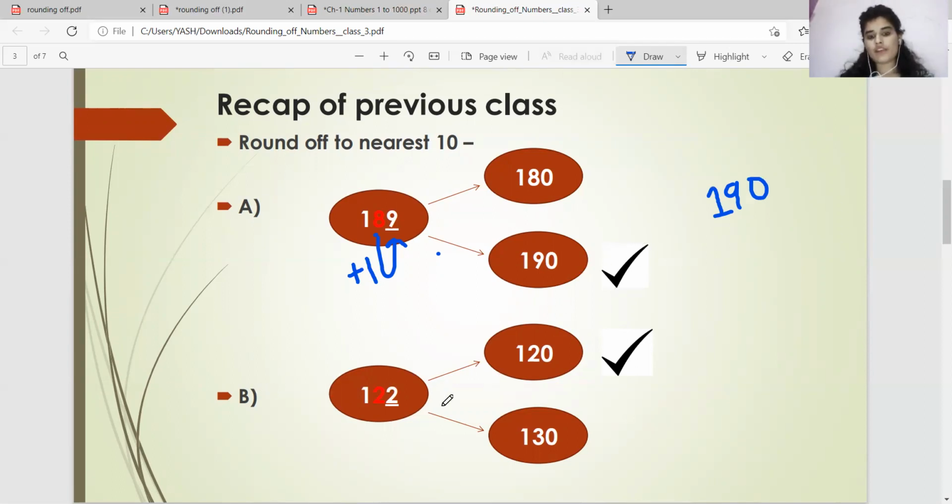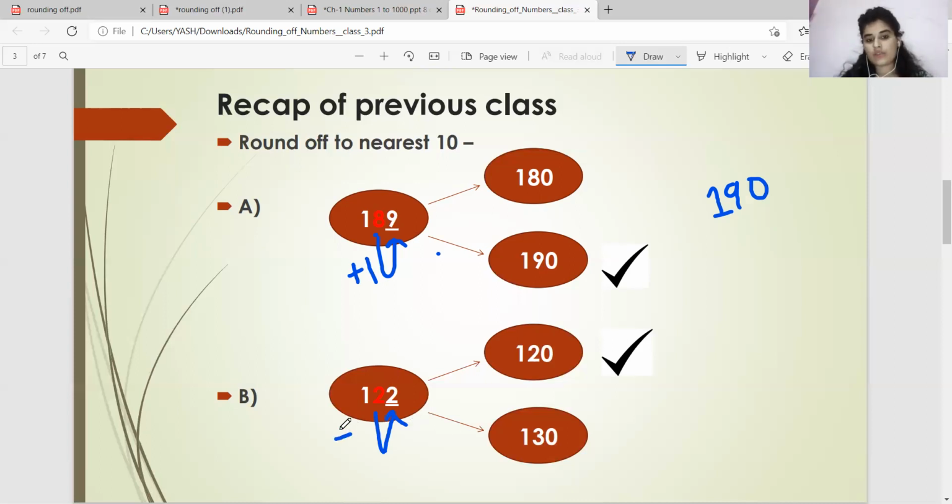Now part B, 122. Again we have to round off to the nearest tens. First step, highlight the tens place, like I have highlighted it with the red color. Now check the right side digit, 2. As we know, 2 is in the first slot. Whenever the right side digit is in the first slot, there is no need to change the tens place.